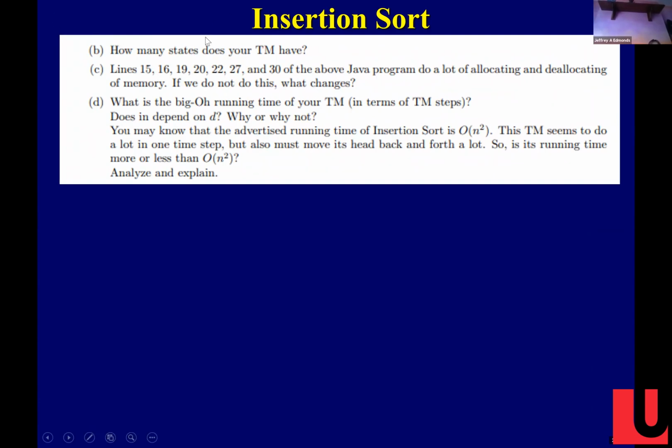And remember, the number of states can depend on D, because in our last test, the boss gives you D, which is the tape alphabet, and so the number of states can depend on D, but it can't depend on N. So all you have to do is go through your states and count how many states there are.